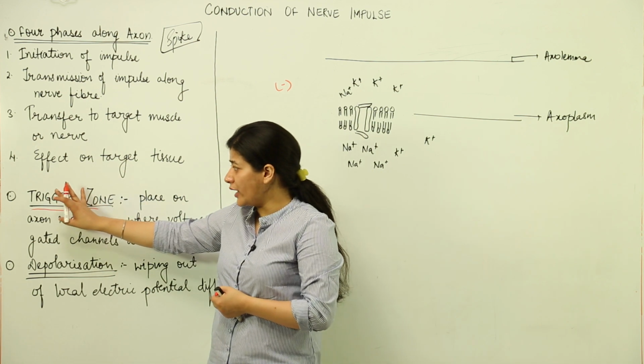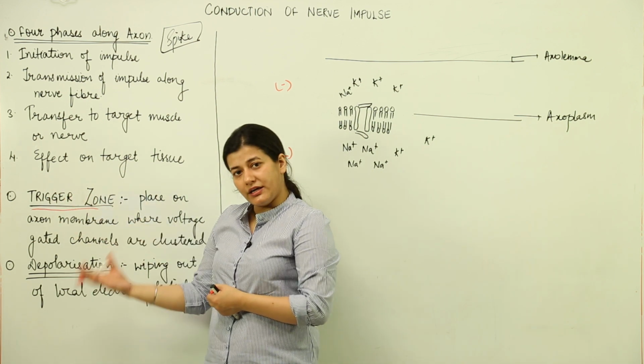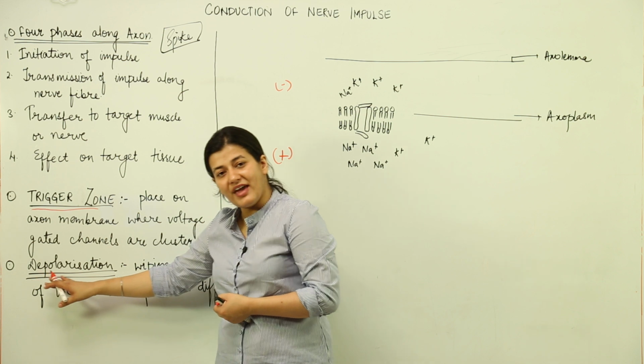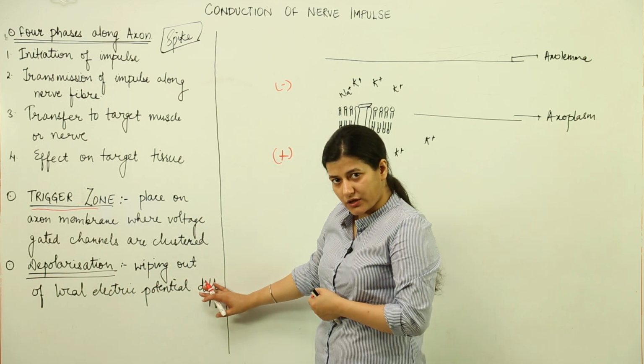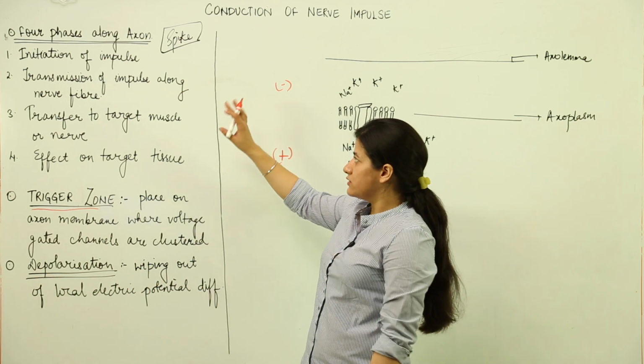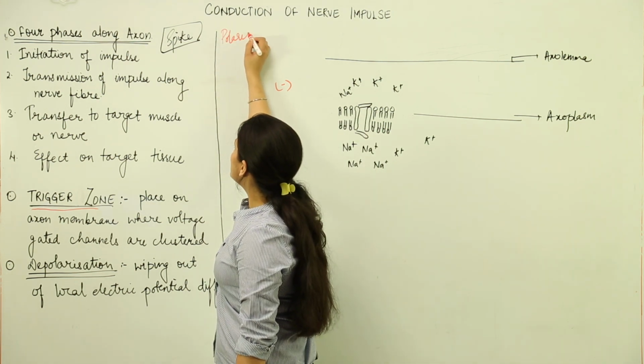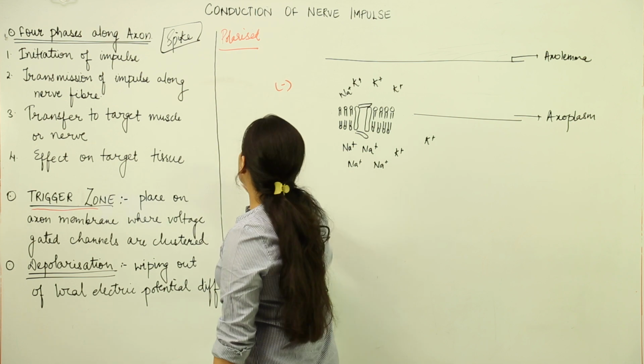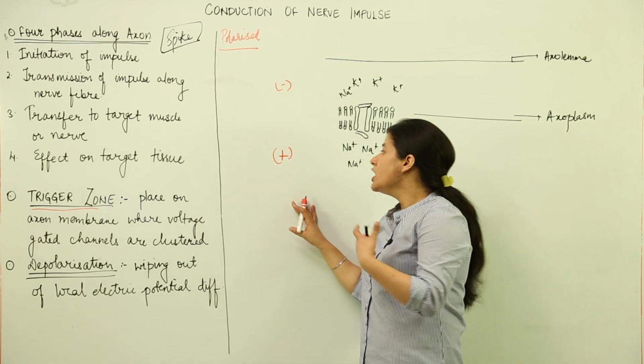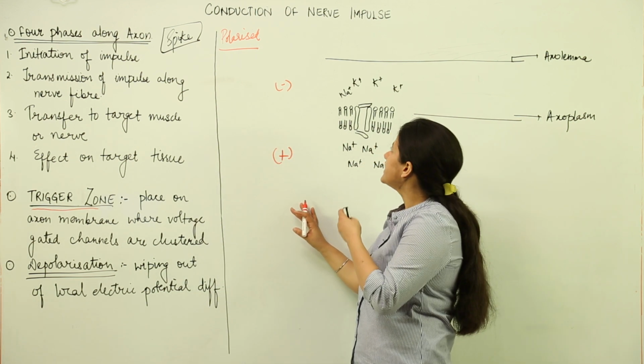Once the trigger zone has started working, there would be a wave of depolarization. You remember that we said the axon membrane is in a polarized state. Whenever we use the term polarized state, we again refer to the condition of resting potential, that is positive outside, negative inside.